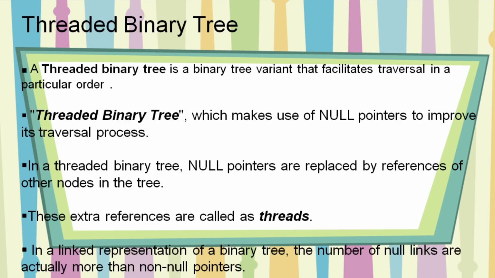What is a threaded binary tree? A threaded binary tree is a binary tree variant that facilitates traversal in a particular order, often the same order already defined for the tree. An entire binary search tree can be easily traversed in order of the main key, but given only a pointer to the node, finding the node which comes next may be slower or impossible.